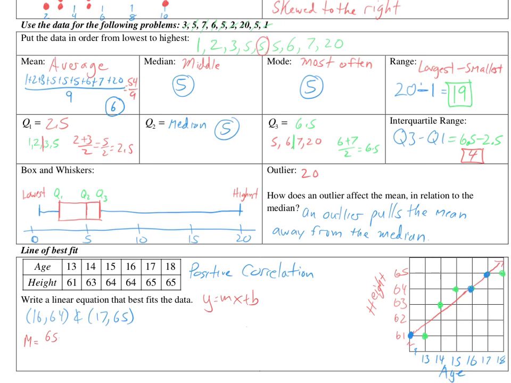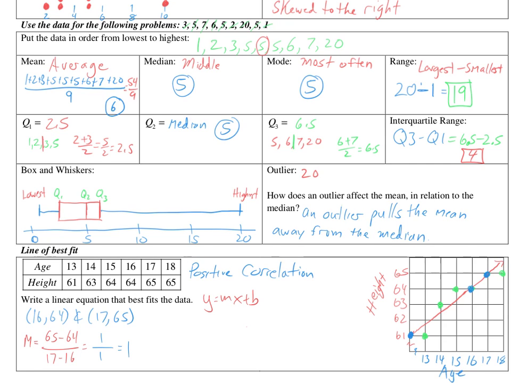Won't it be 65 minus 64 over 17 minus 16? Don't you take the y's over the x's? So what's 65 minus 64? Isn't that 1? And what's 17 minus 16? Is that also 1? So guess what? My slope is 1.